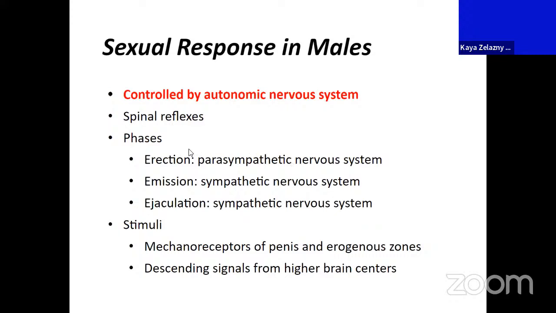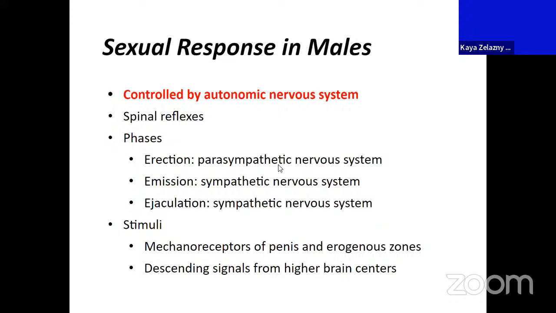So the penis is going to go from flaccid to erect, so hardened, swelled with blood, basically keeping that tissue straight. And this is happening as a reaction to the parasympathetic nervous system. So the parasympathetic nervous system is in charge of erection and that initial sexual arousal, basically.